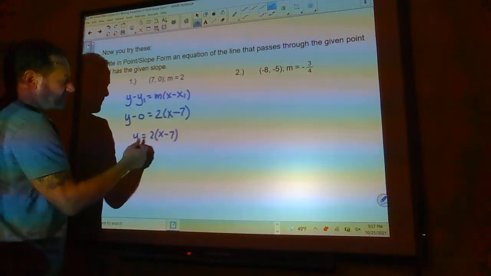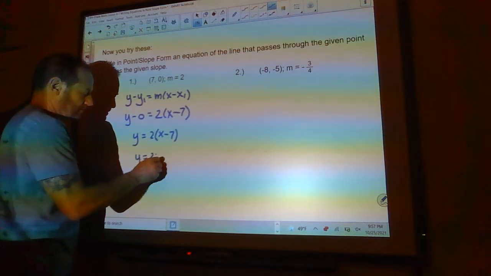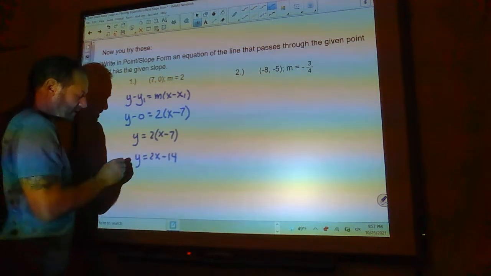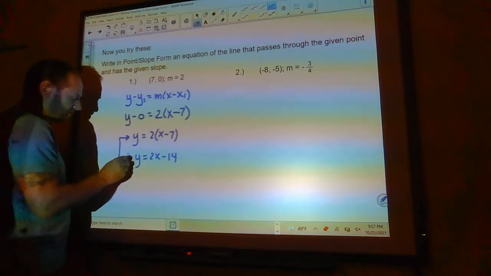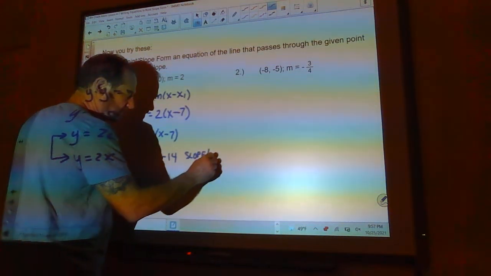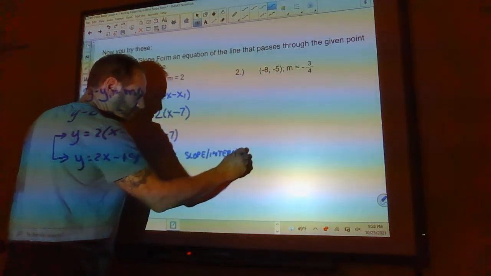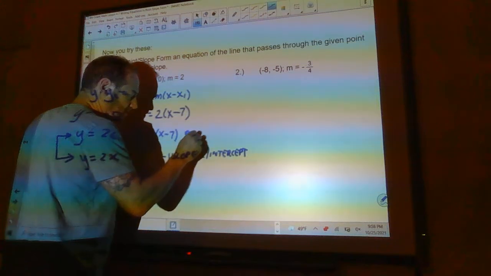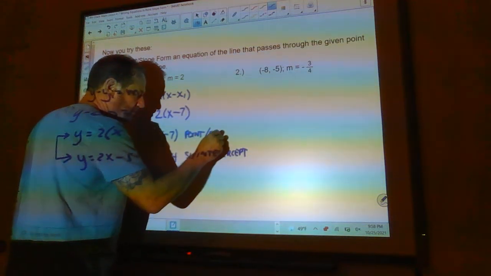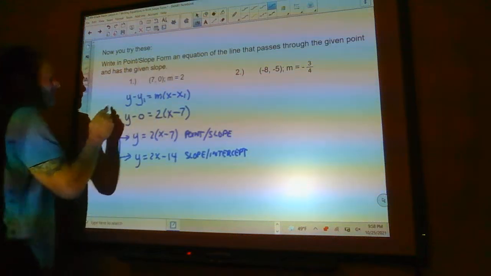If you wanted to put this one in slope-intercept form, this would be so easy. You just distribute the 2. Okay, these two things, same equation. This is slope-intercept. This is point-slope. Okay.